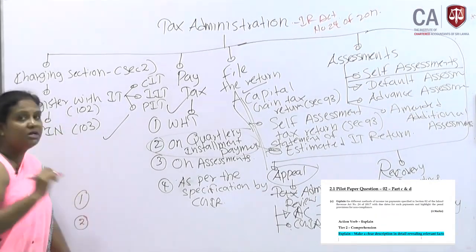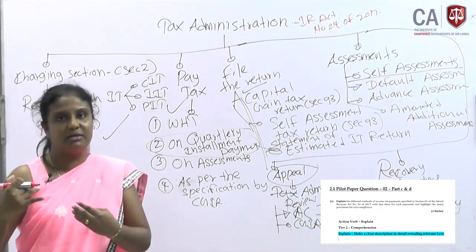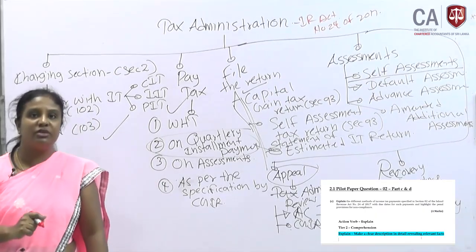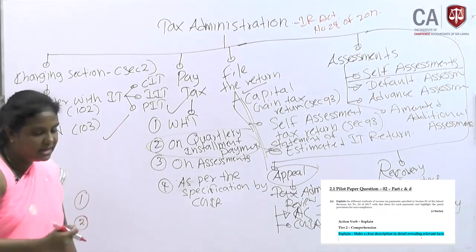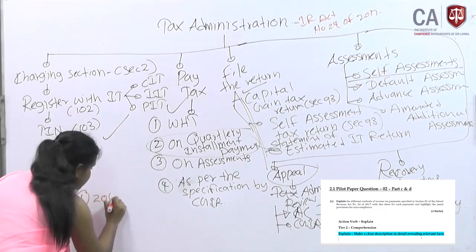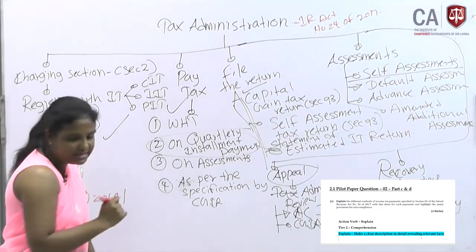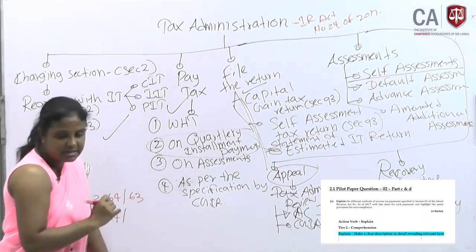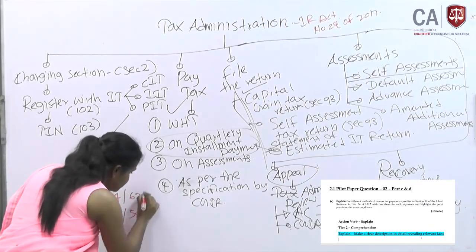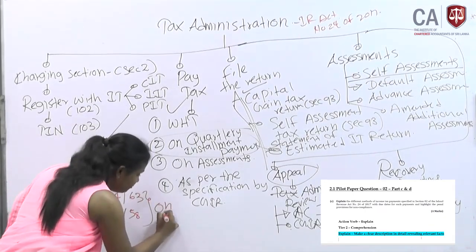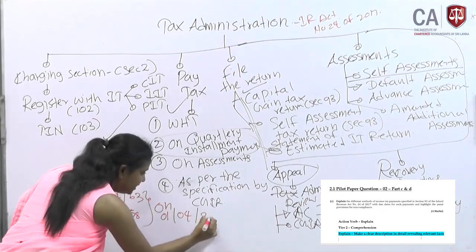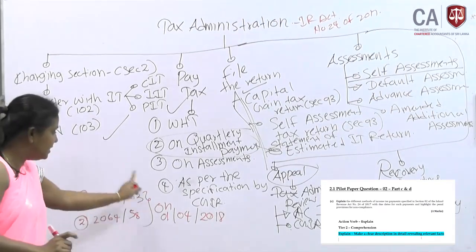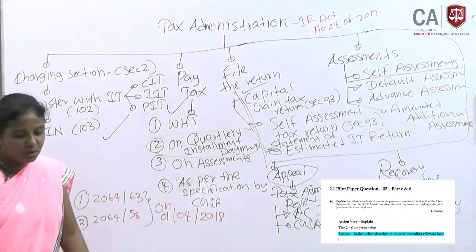The second is for the duties which taxpayers can allocate to the authorized representatives. These are gazette notifications 2064, one is 63 and the other 58, and both were issued on 1st April 2018. With this syllabus area, you should know the nitty-gritties of these 2 gazette notifications.